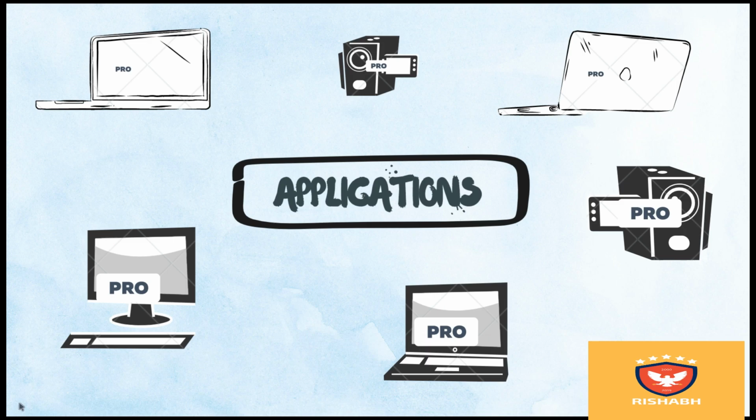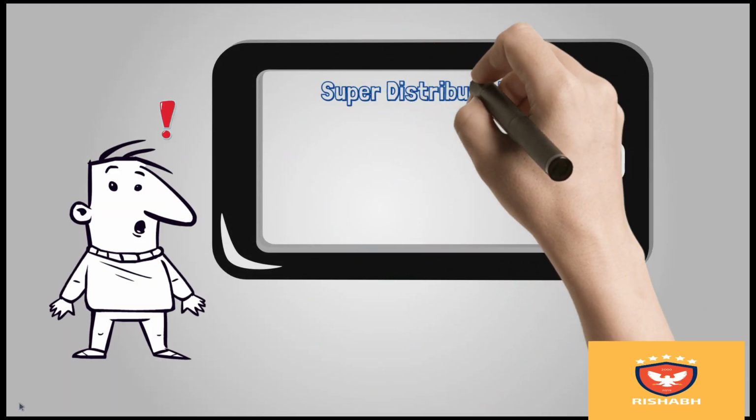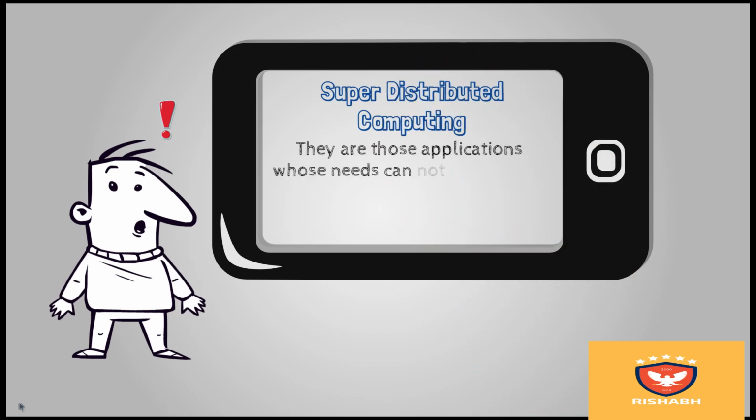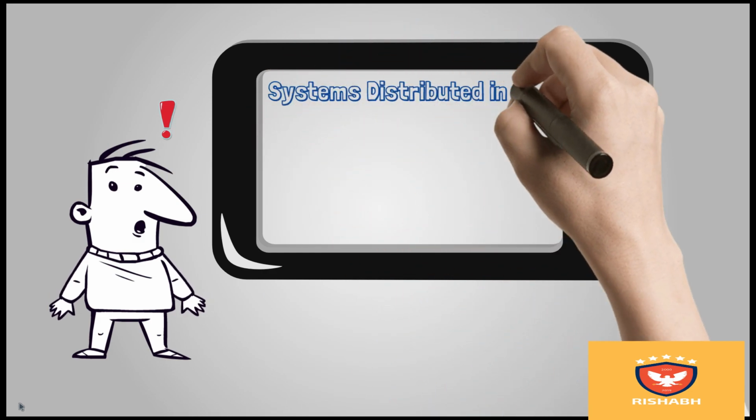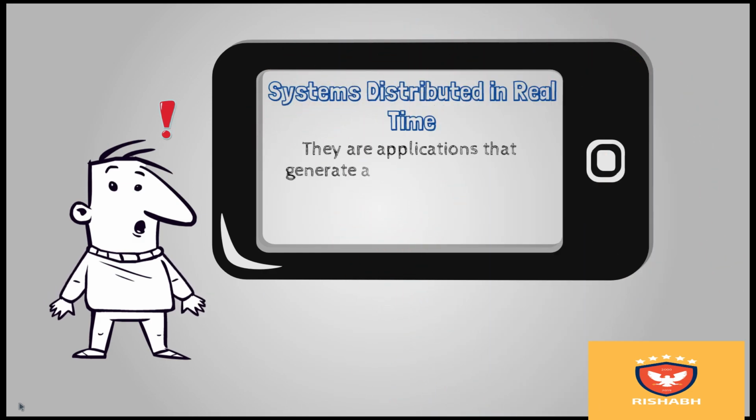Now let us look at the applications of grid computing. First, super distributed computing. They are those applications whose needs cannot be met in a single node. The needs occur at specific times and consume many resources. Second, systems distributed in real time.